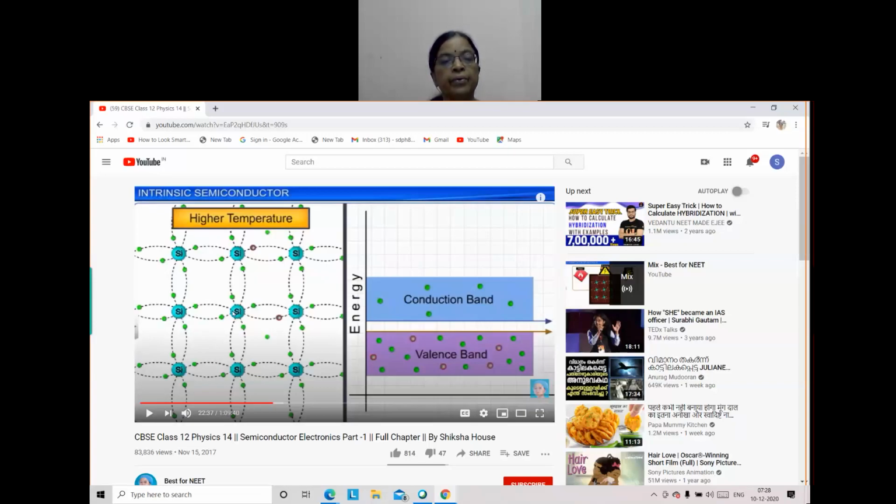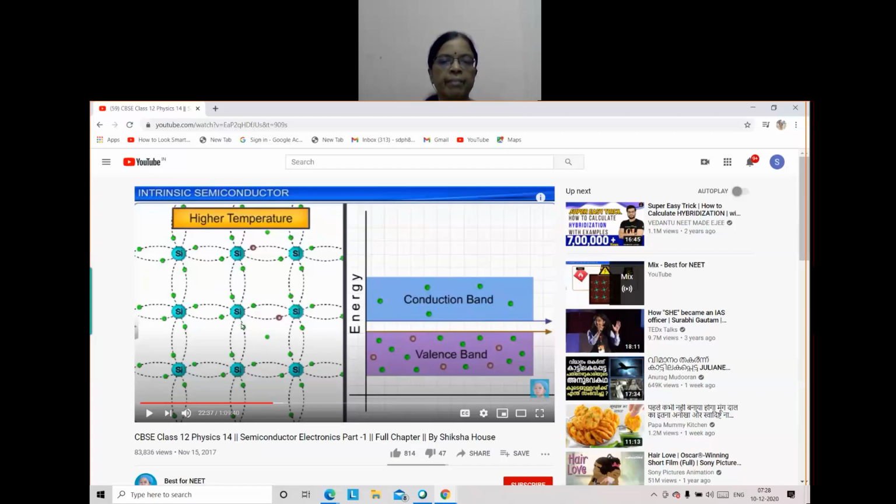So what does it do when a crystal is formed? It shares 4 electrons, one each from the 4 surrounding silicon atoms. One is its own electron and one it shares from the neighbouring silicon. Like that, it makes covalent bonds. So it gets 8 electrons in the outermost shell, and it is a stable state at 0 Kelvin.